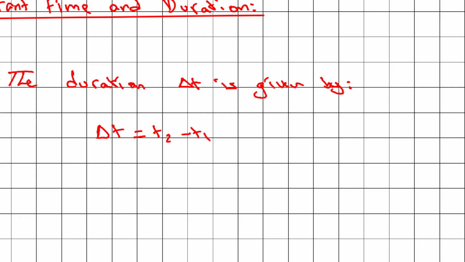So delta t is for duration. This is the duration. So it is a period of time, and t2 and t1 are instant times.